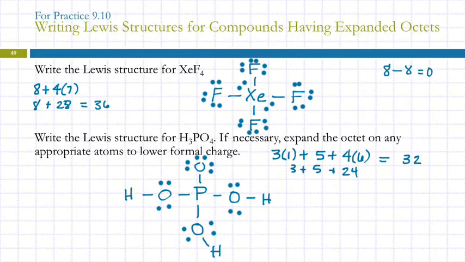We have to look at the formal charge. Formal charges on hydrogen are 0. What's the formal charge on this oxygen? 0. It has an octet and it has 2 bonds. That's what oxygen likes. Or you can do the math. It came in with 6, it's going to leave with 6, that's 0. So this oxygen, that oxygen, they're the same. 2 lone pairs, 2 bonds. This oxygen is different.